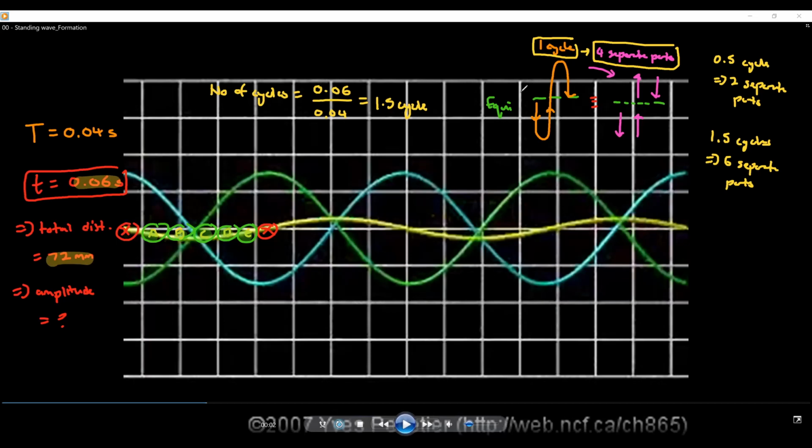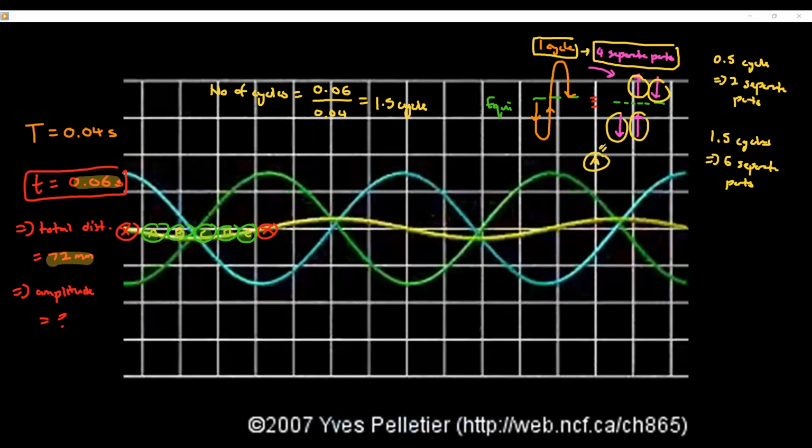Each part here would have represented the maximum distance moved from equilibrium. So each part here would have given us the amplitude. Okay, because you know that amplitude is the maximum displacement from equilibrium position.